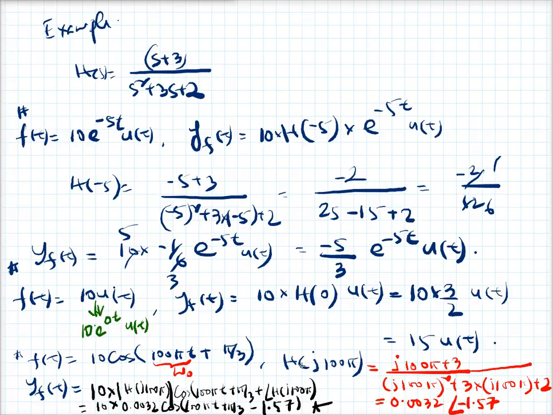So you replace s by jω₀, which is j100π here, and that gives you 0.003 with an angle of -1.57 radian. So this additional phase is -1.57 radian, and the multiplying factor is 0.003.